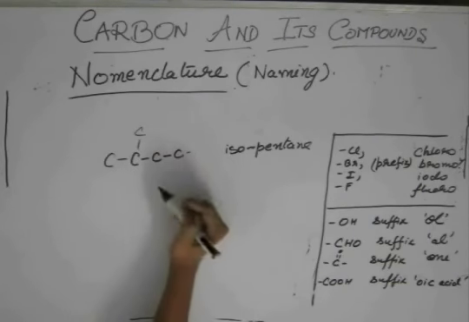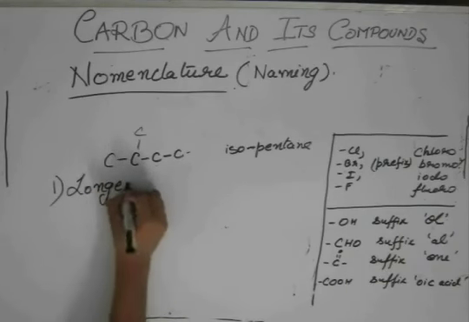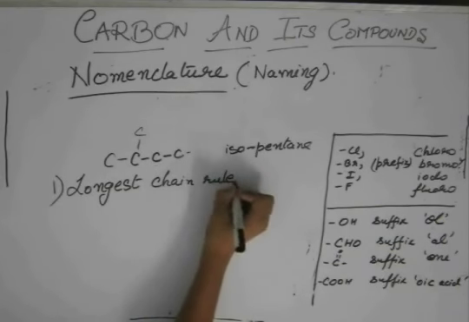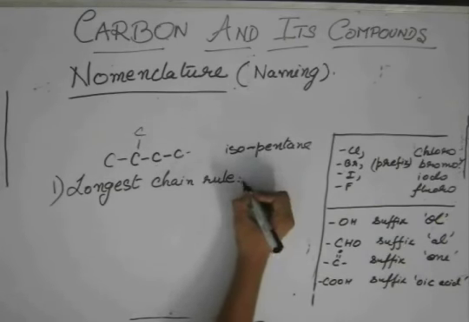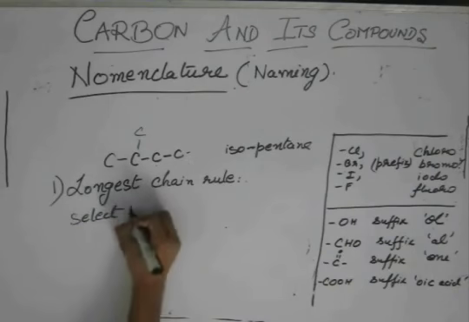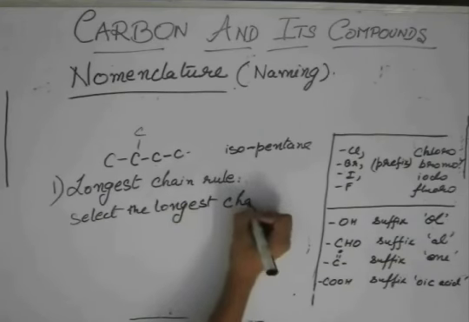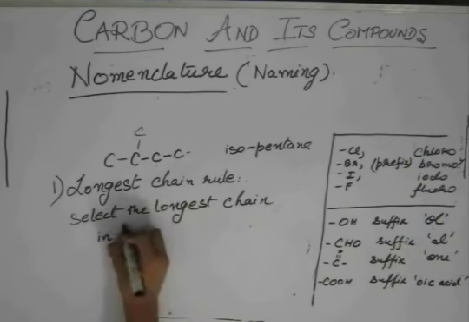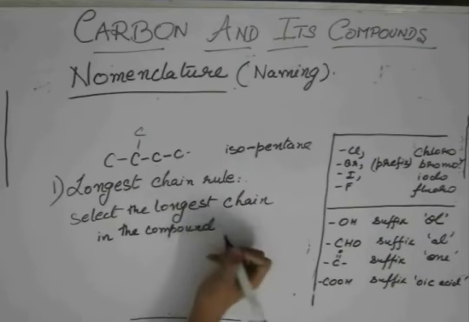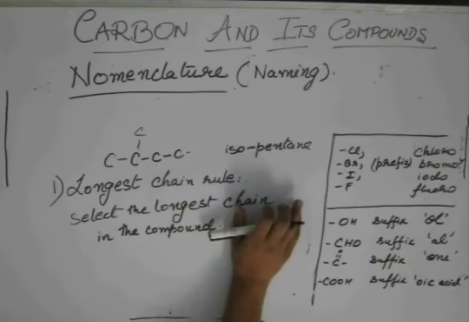Now for such type of compounds, we have another rule which is known as the longest chain rule. In this, you have to select the longest chain in the compound, which will be your primary chain, or you can call it the skeleton chain.